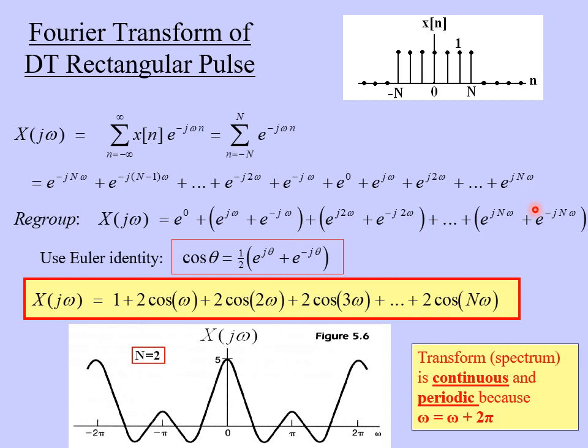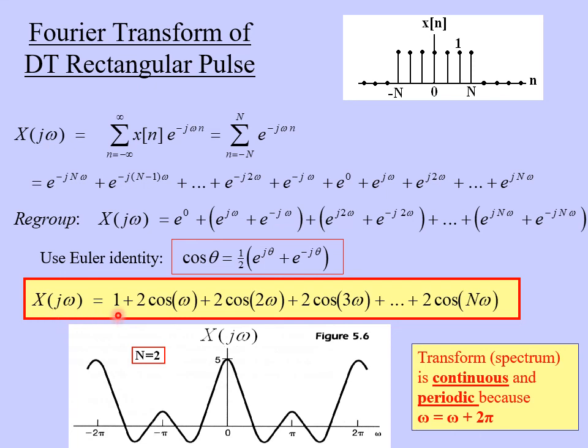Now the reason I group them like this is we can simplify this considerably using the Euler identity for the cosine function. Cosine of theta is equal to 1/2 times e to the j theta plus e to the minus j theta. So for each of these grouped pairs, we can replace them with a corresponding cosine function. All right. So when the dust settles here, we end up with our Fourier transform.